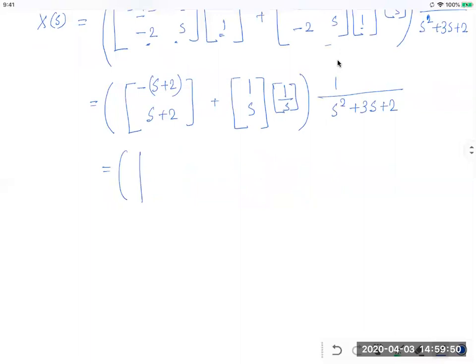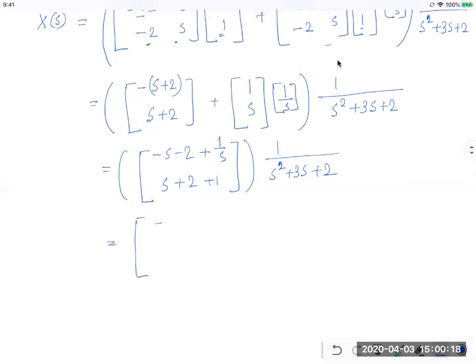So further simplification inside the bracket, minus s plus 2, not plus, minus 2 plus 1 by s, is plus 2 plus 1, s square plus 3s plus 2, or minus s square minus 2s plus 1 by s, second element is s plus 3, divided by s square plus 3s plus 2.